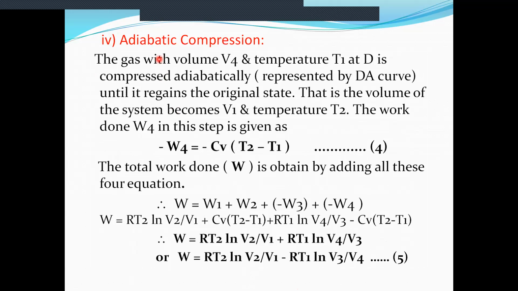Now, in adiabatic compression, the gas with volume V4 and temperature T1 at point D, as shown in the graph, is compressed adiabatically, represented by curve DA, until it regains the original state. What is the original state?